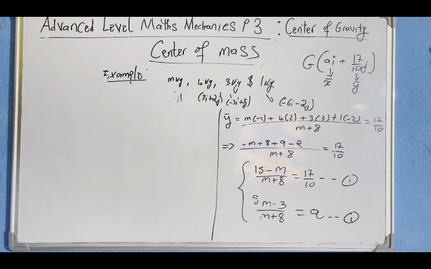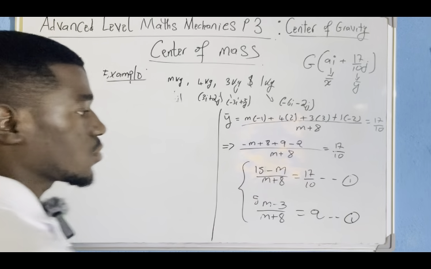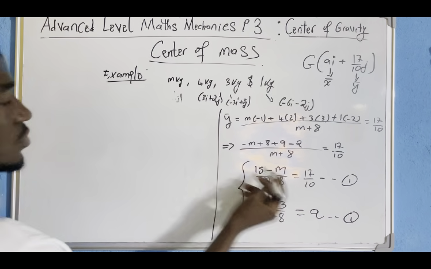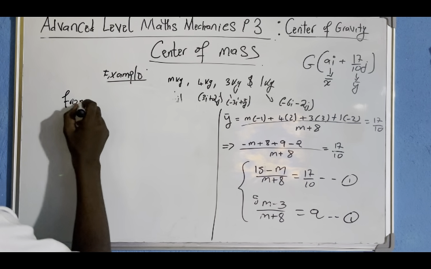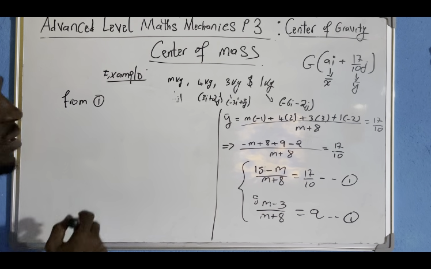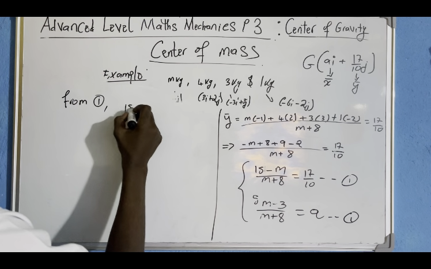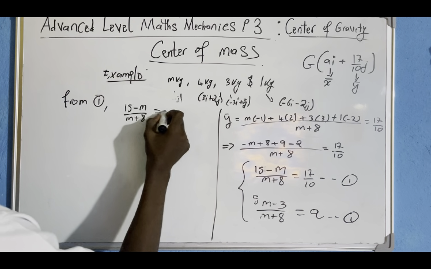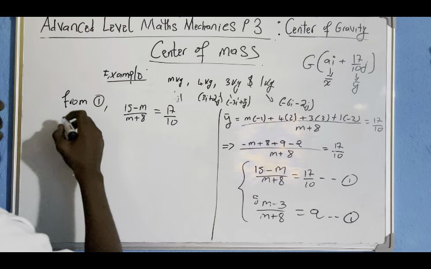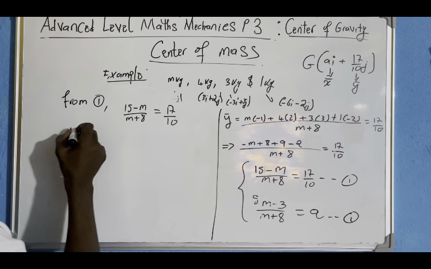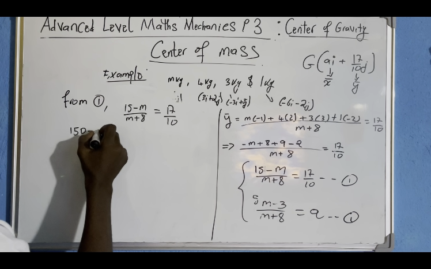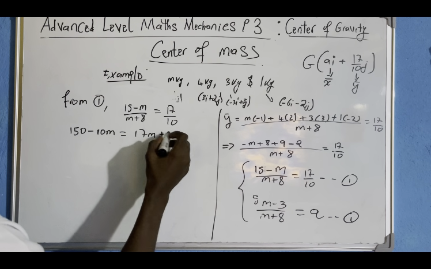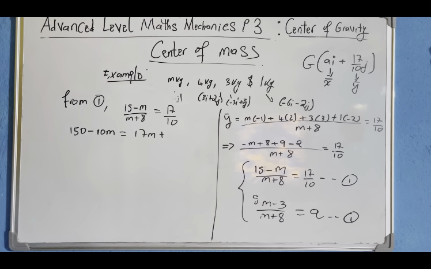Okay, students, so coming out with these two equations, we can now use equation 1 to find for m, since equation 1 is only having one unknown. So from equation 1, we are having 15 minus m all over m plus 8 equals to 17 all over 10. When I cross multiply, I will have 150 minus 10m equals to 17m plus 17 times 8.